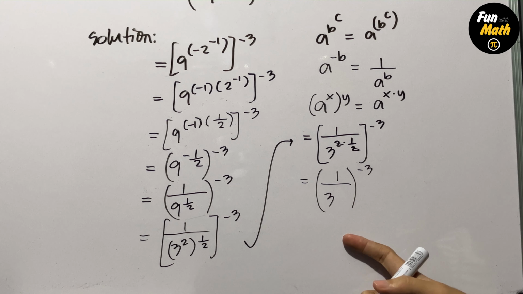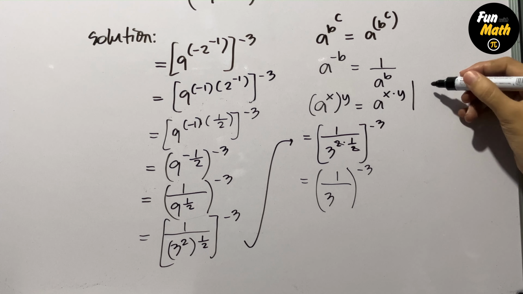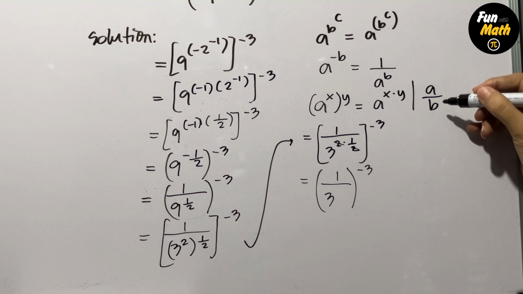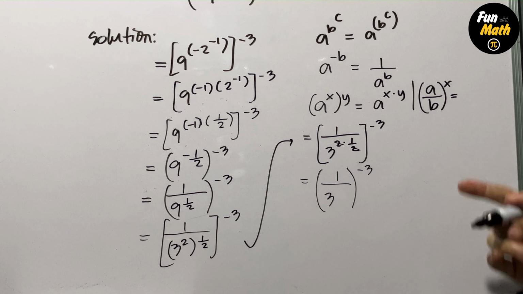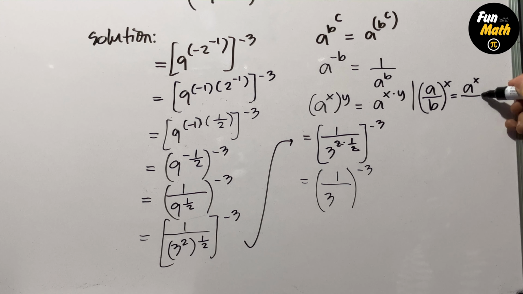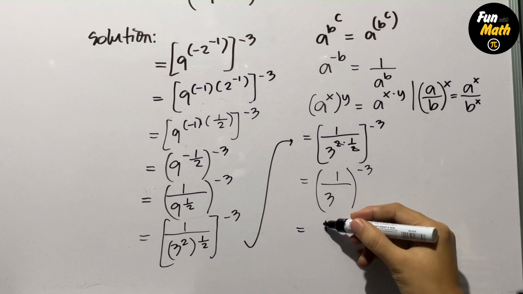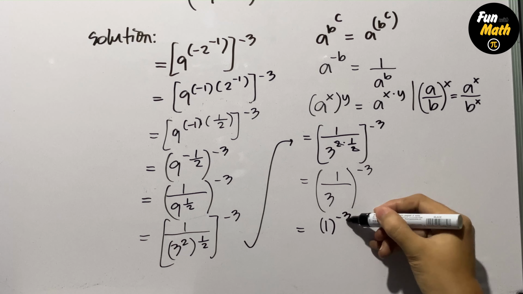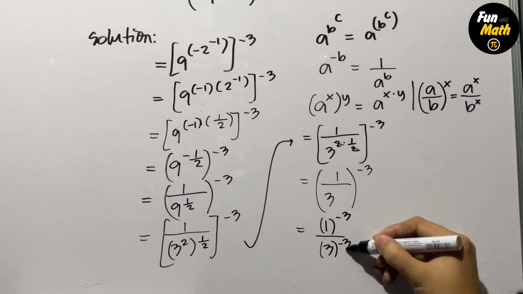Next is, let's apply this another rule of a power. We have a over b whole to the power of x, which is also equal to a to the power of x over b to the power of x. So this is equals 1 to the power of negative 3 over 3 to the power of negative 3.